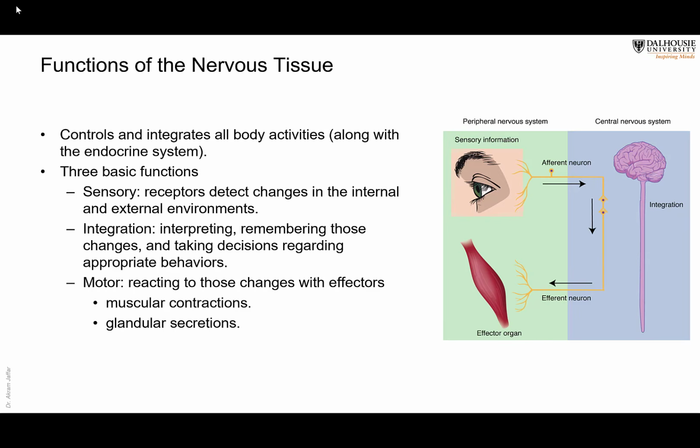This motor activity is not necessarily an action of muscle. It could be muscle, whether voluntary, involuntary, or cardiac muscle, or it could be a gland. In a gland, the gland will secrete, and this is what we call a secretomotor stimulus. So it could be motor or secretomotor. It affects both muscles and glands.